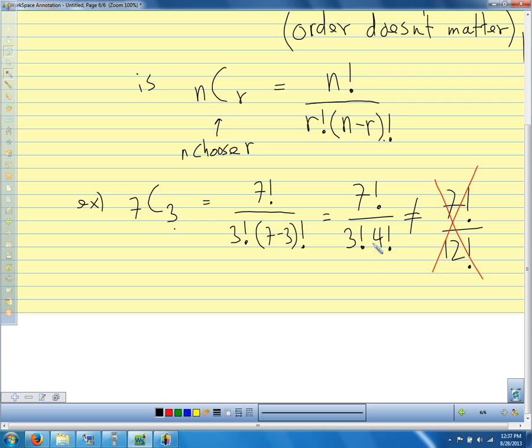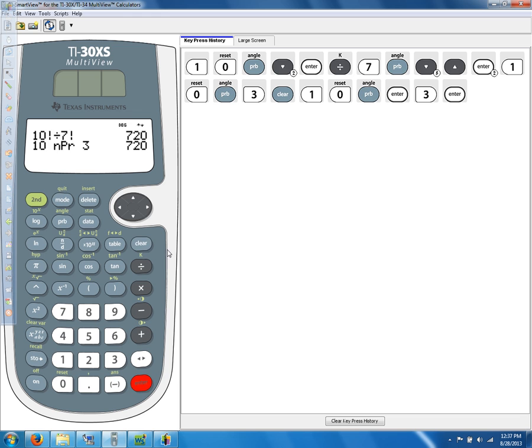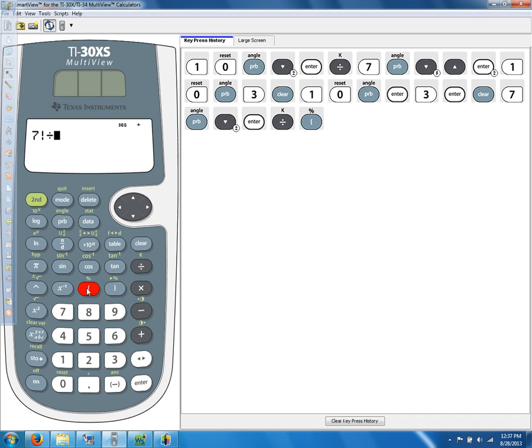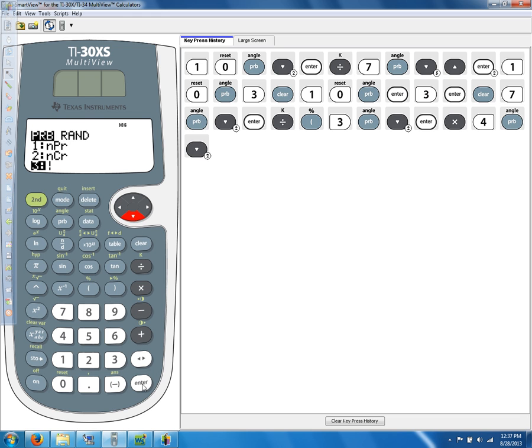So I'm going to plug this into my calculator now. This time I am going to use parentheses. 7 factorial divided by, I'm going to put a parenthesis, 3 factorial times 4 factorial.